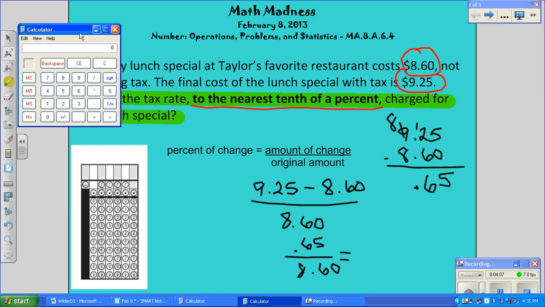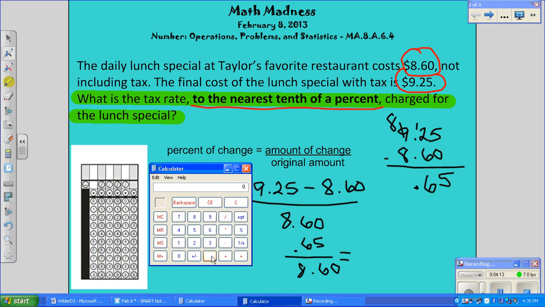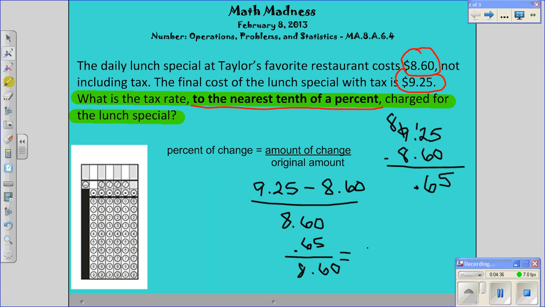So I have, let me bring it down, 65 cents or 0.65 divided by $8.60 or 8.6 equals. Now, the numbers that are here, I have 0.0755. So I'm going to write that down. 0.0755.